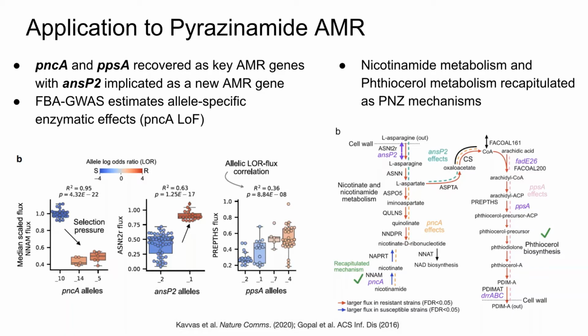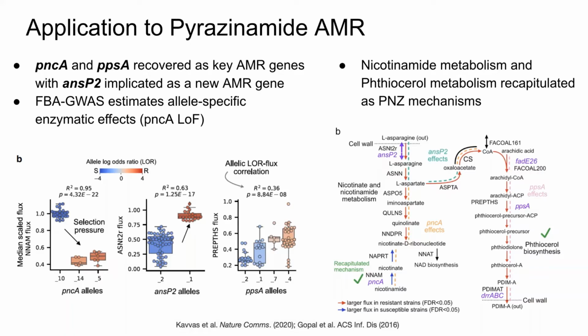Not only do we find these allele-specific effects, but we could also see pathway-level flux states discriminating between resistant and susceptible strains. And so when we do some enrichment with these fluxes on the pathway level, we could see that we're able to explain AMR using flux through nicotinamide metabolism, as well as thioceryl metabolism. So these are interesting because they actually recapitulate what is known about pyrazinamide.